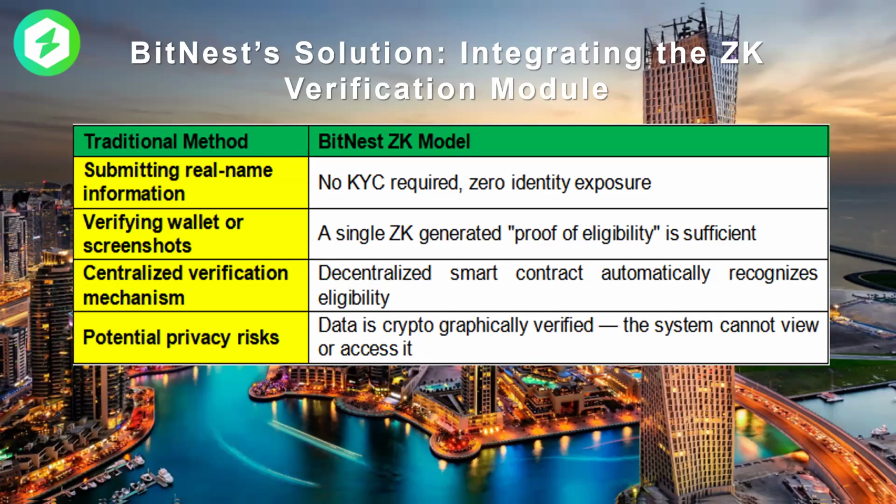By integrating ZK systems, BitNest has revolutionized the participation logic of the loop model. With no KYC required, zero identity exposure, a single ZK-generated proof of eligibility is sufficient, and the decentralized smart contract automatically recognizes the eligibility. Data is cryptographic, so the system cannot view or access it.